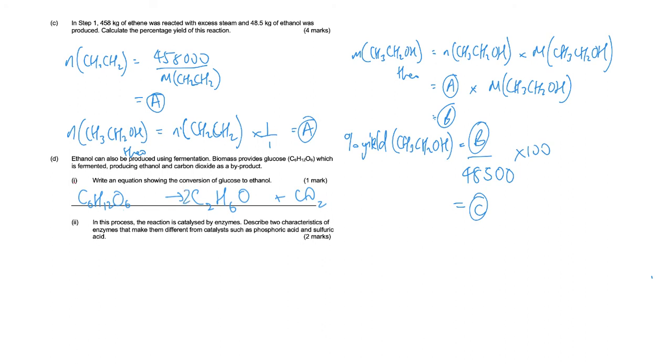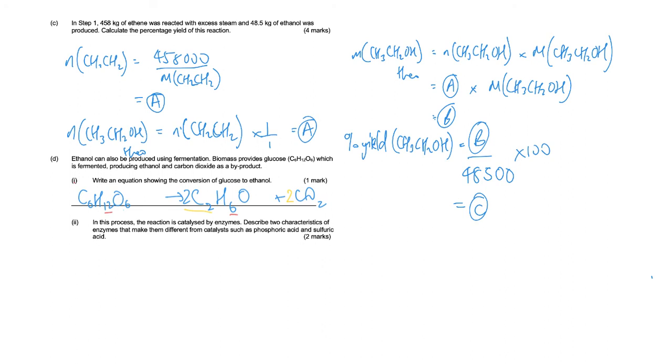Those two have to be in a 2-to-1 ratio. If there's 4 carbons here out of the 6, that means I should probably put a 2 here, and therefore that will make that 6 carbons, and then that will make 6 oxygens as well.